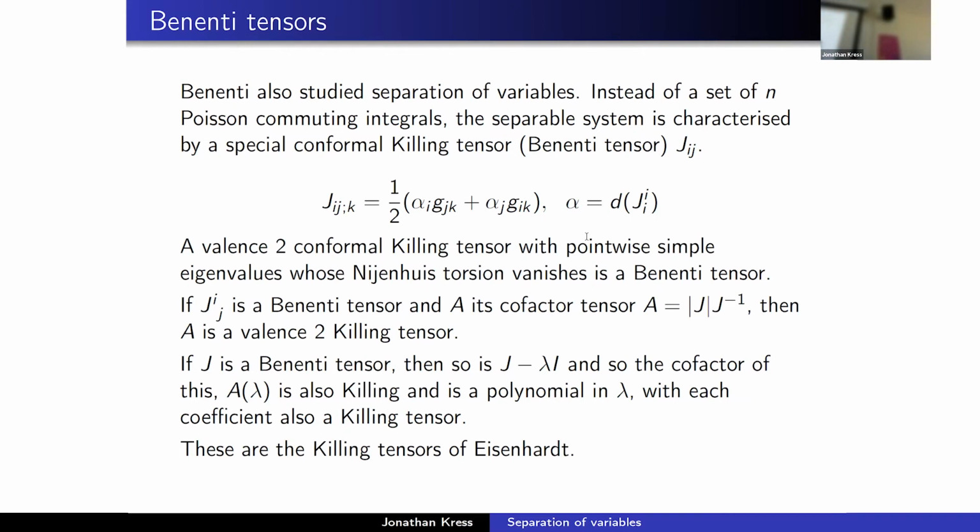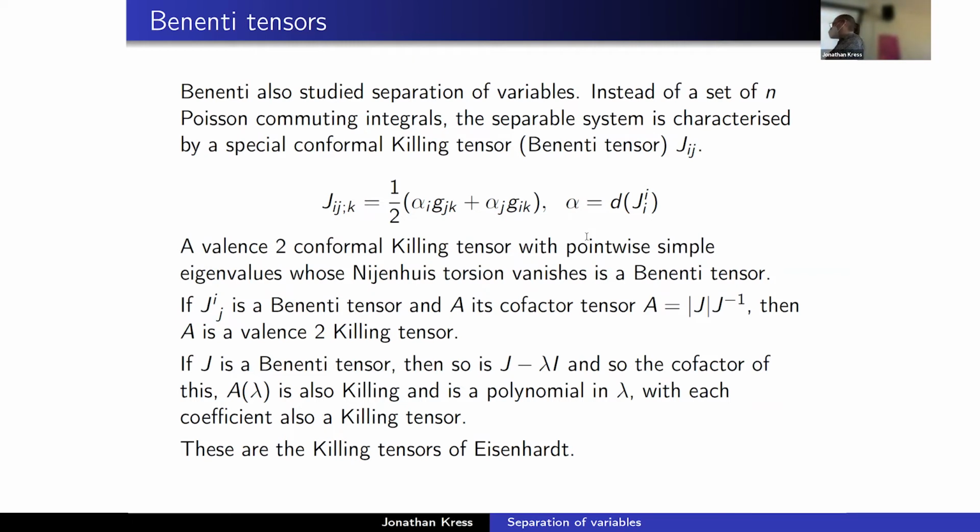So not all conformal Killing tensors are Benenti tensors or special conformal Killing tensors. They're special ones. If you have a Benenti tensor, you can actually construct a Killing tensor. The Killing tensor equation is just, oh no, it's not that. It's that the symmetrized covariant derivative is 0. We should have put that up. So from the Benenti tensor, you can generate a Killing tensor, but wait, there's more.